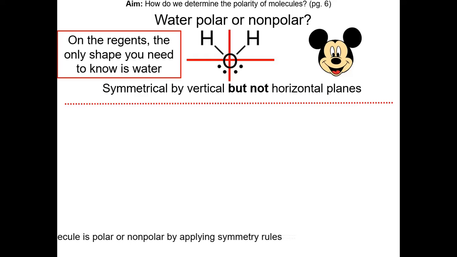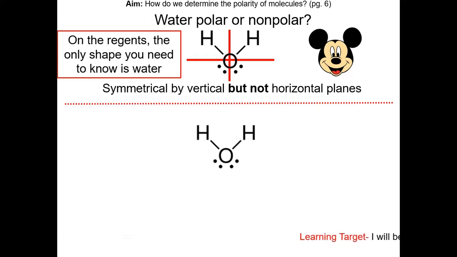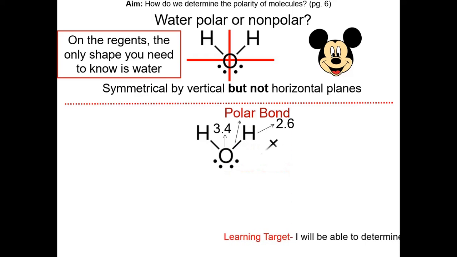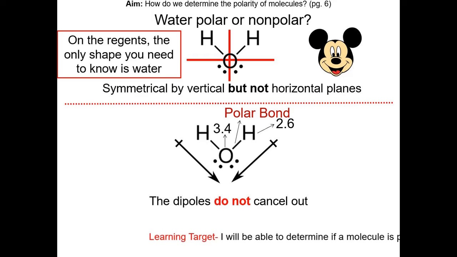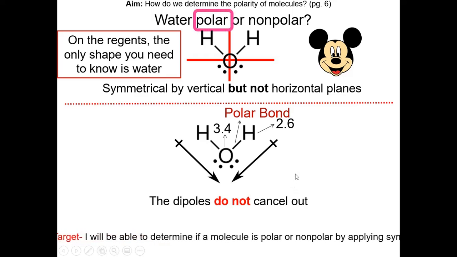In order for it to be considered nonpolar, it needs to have both vertical and horizontal symmetry. If it just has one, but not the other, it is considered polar. If we use the other method, we have to draw the dipole arrows. Since OH is a polar bond, we draw the two dipole arrows. As you can see, the two dipole arrows do not cancel out. Therefore, water is a polar molecule.